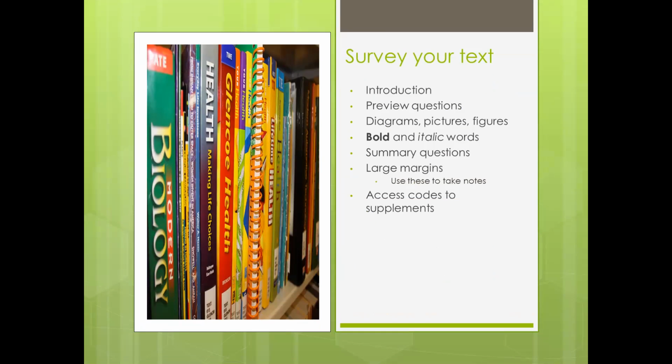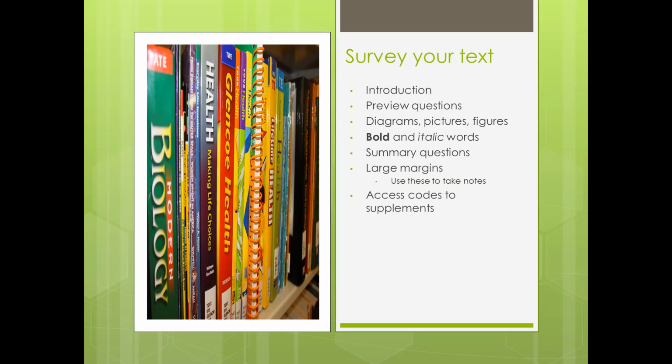When you survey your text, you want to highlight a couple of specific points in your first pass. You should probably read the introduction first, and then any preview questions that appear at the beginning of the chapter. From there, I advise that you don't just start reading.